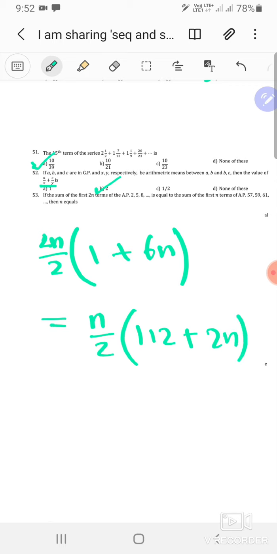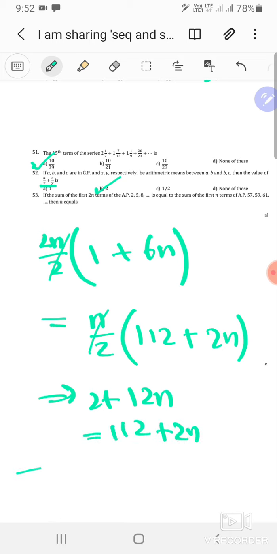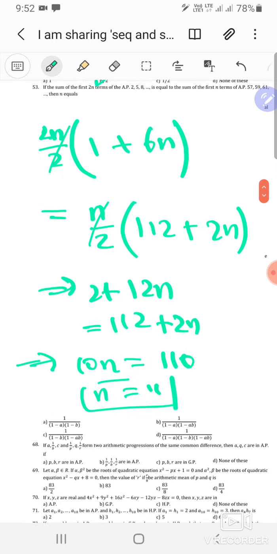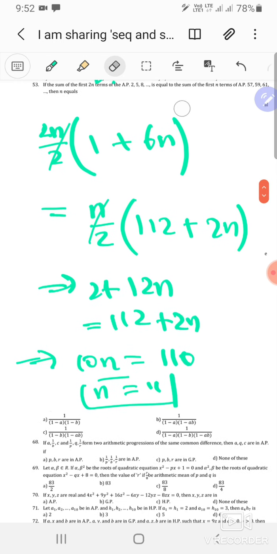Okay, so that seems nice. So let's cancel these n by 2's away. That will give me 2 plus 12n is equal to 112 plus 2n. So 10n is equal to 110, so n has to be equal to 11. Looks correct. So the value of n in this case is 11. Let's move on.